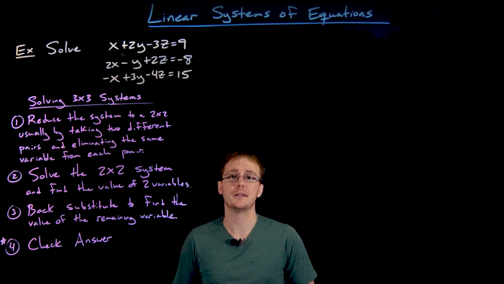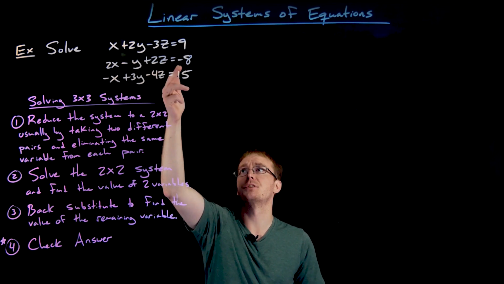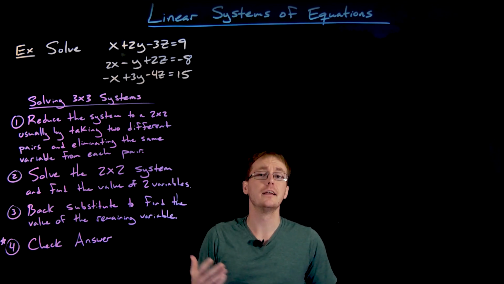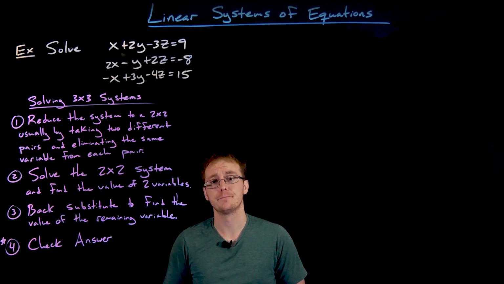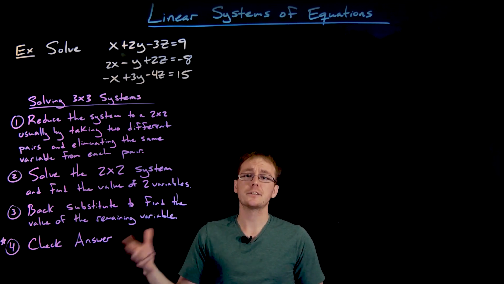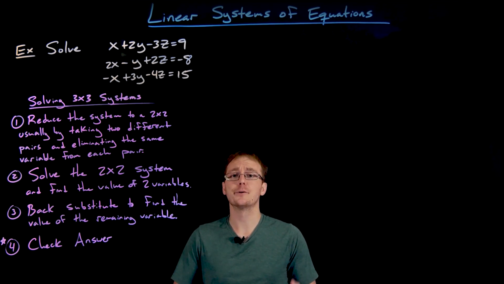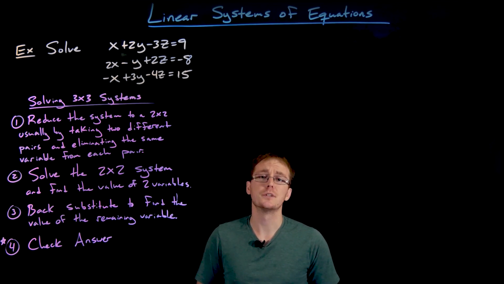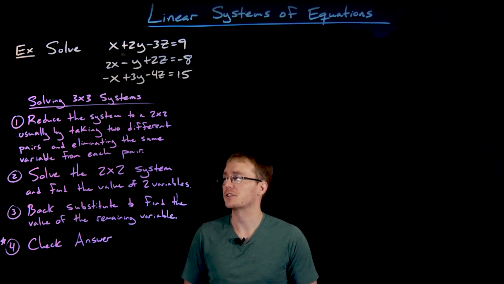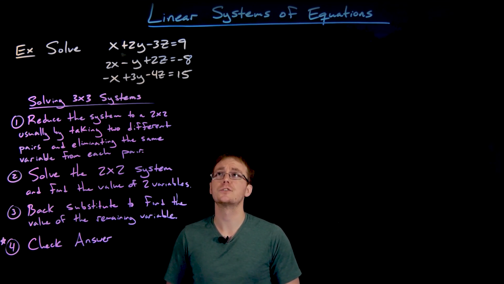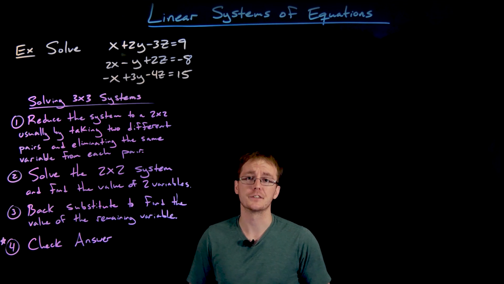We get a true statement out of all three, like 9 equals 9, -8 equals -8, and 15 equals 15. And so the procedure we're using is basically the same procedure we used for the 2x2 systems, but we're going to iterate it and basically run it 2 times through. So let's go ahead and actually put this into practice, see how we solve one of our 3x3 systems.